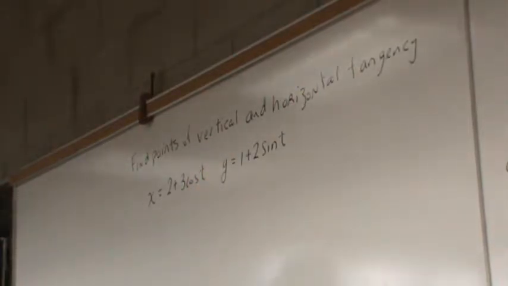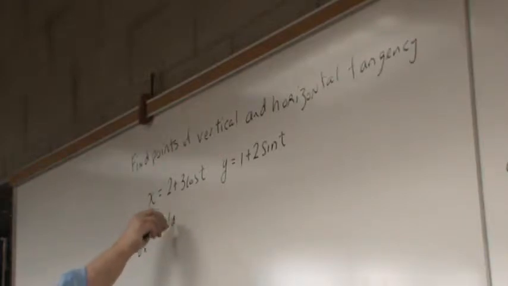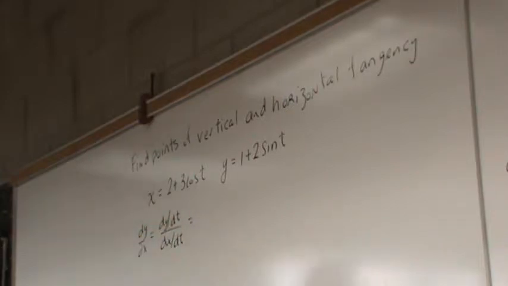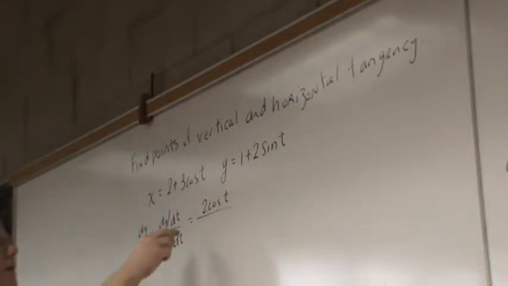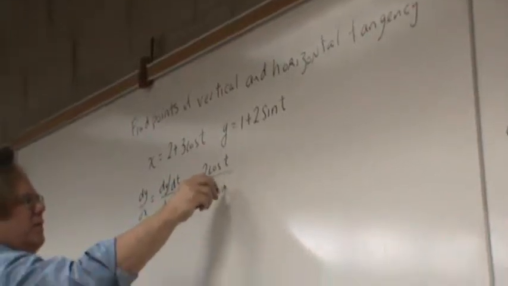Please write that down. Vertical and horizontal tangency. Well, in order to do that, I think it's pretty obvious I'm going to have to find dy/dx, which means I have to find dy/dt over dx/dt. Alrighty. So dy/dt is 2 cosine t, and dx/dt is negative 3 sine t.